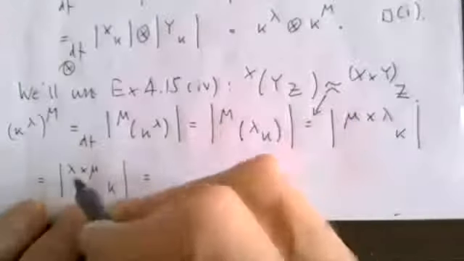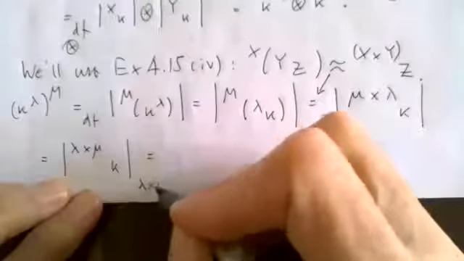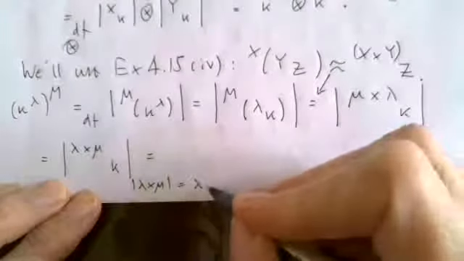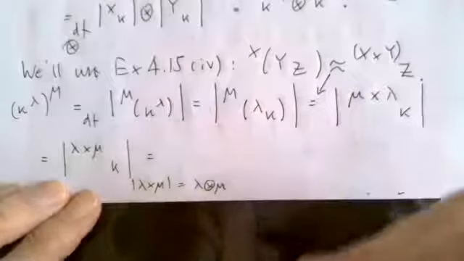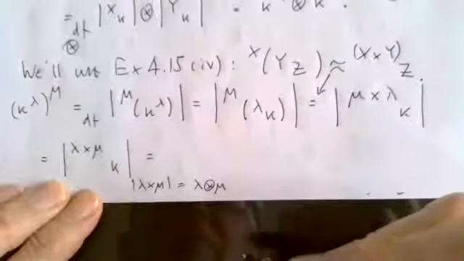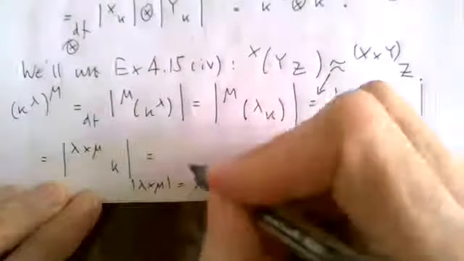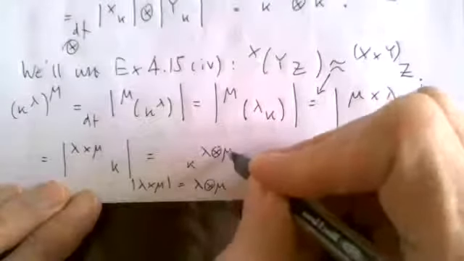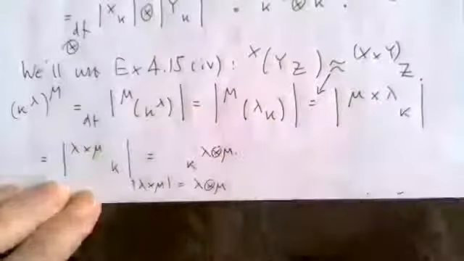And now I use the fact that the cardinality of lambda cross mu here is lambda times mu, to write this down as kappa to the lambda times mu.